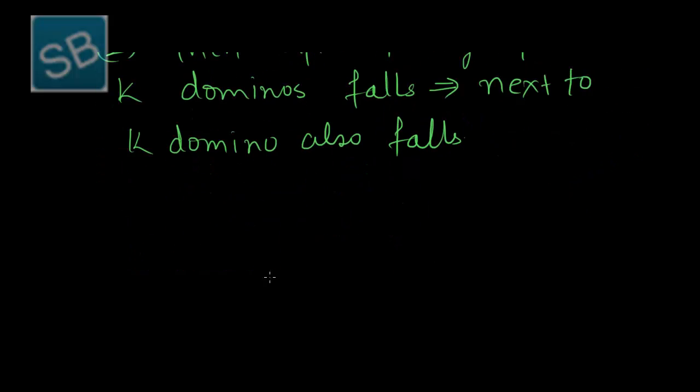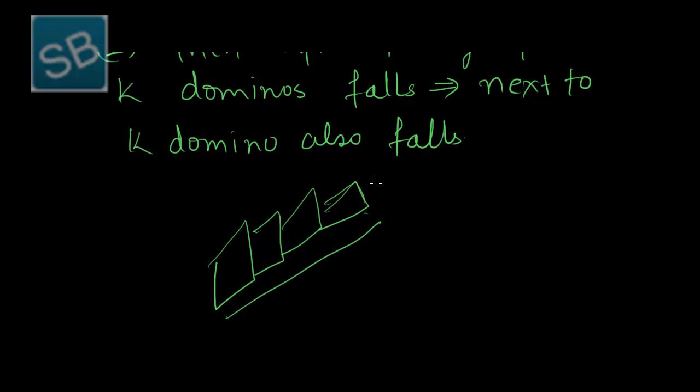As we see, if we have k dominoes, just like this are the k dominoes, the next one is this one. If k dominoes fall, then the next will again fall.